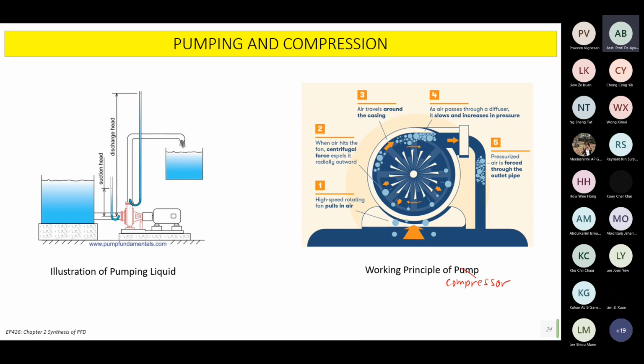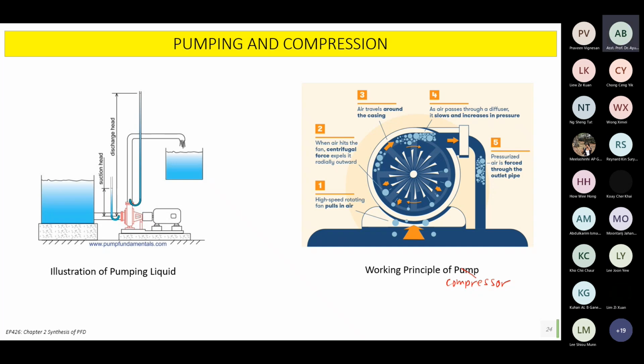So I added this slide just to show you how it works. Okay, the working principle of the pump and the compressor. The compressor pulls in the air. This one uses centrifugal force.